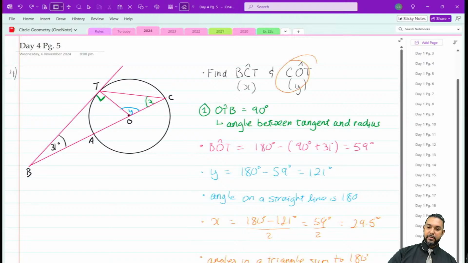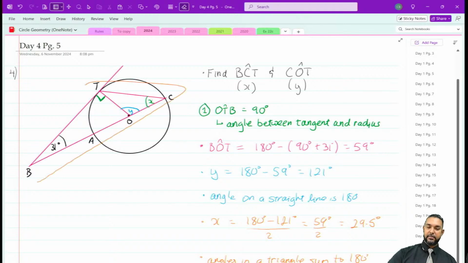See, COT, angle COT, and then BCT. BCT is that angle X there. You could also call that OCT if you want, or TCO. Correct. Oh, okay. Understood.